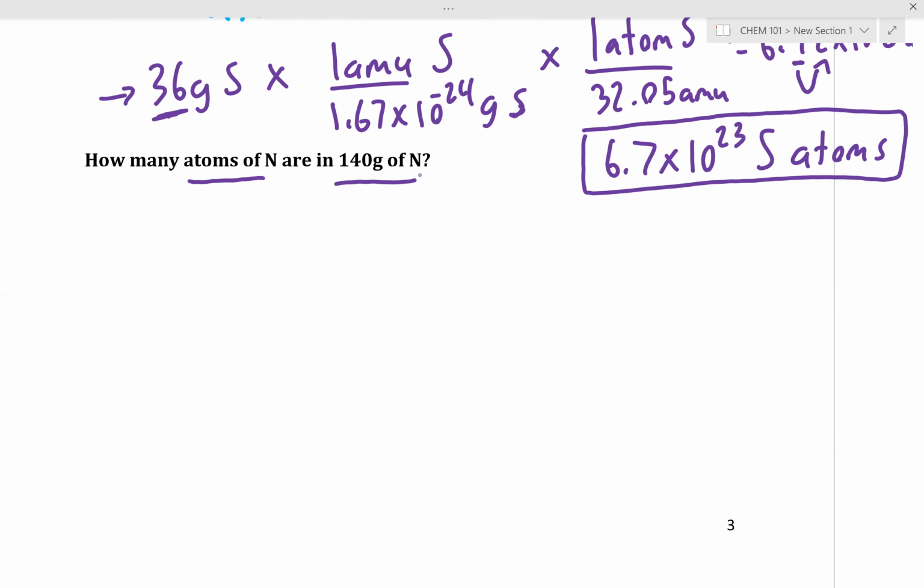So this is 14.047. Yep, looks good. Everything gone? Yep. Everything gone? Yes. That's exactly right. That's perfect.